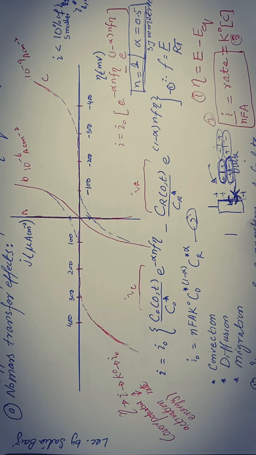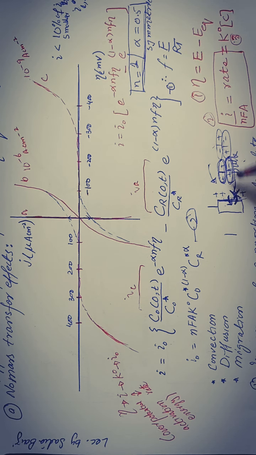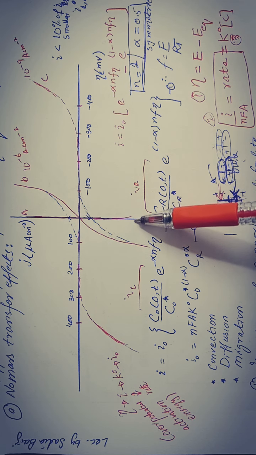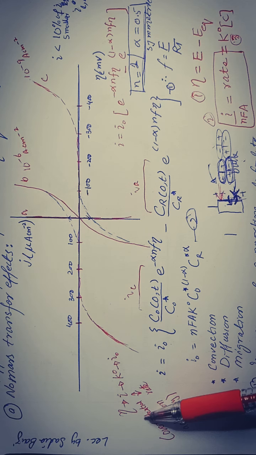So the current generation will be continued as the species will tend to move towards the surface of the electrode without application of any activation energy in a form of overpotential.